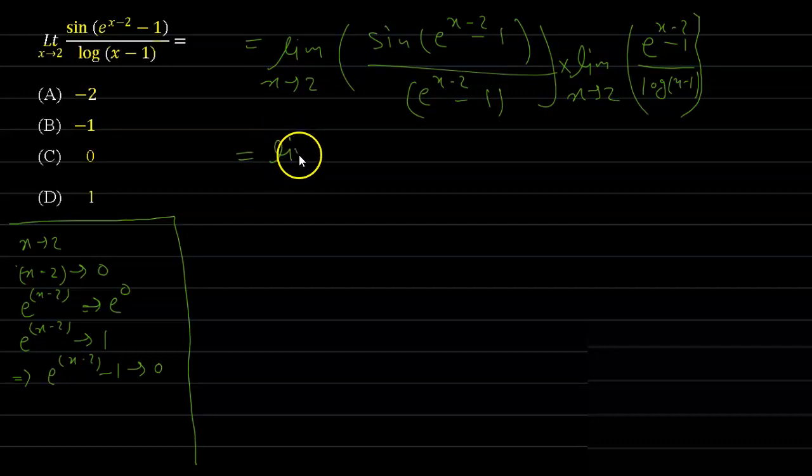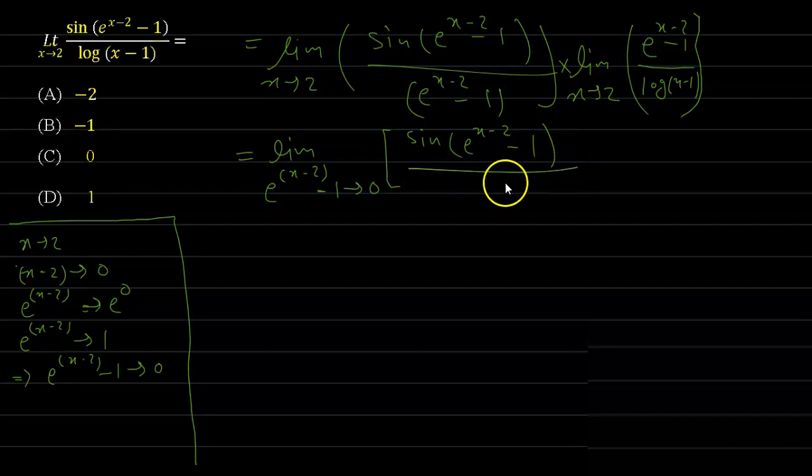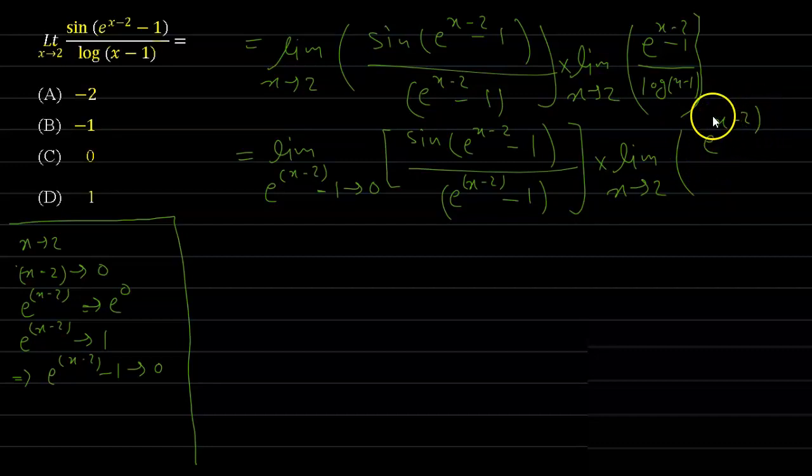So this will become limit e to the power x minus 2 minus 1 tends to 0 of sine of (e to the power x minus 2 minus 1) divided by (e to the power x minus 2 minus 1), and another limit x tends to 2 of (e to the power x minus 2 minus 1) divided by log of (x minus 1).